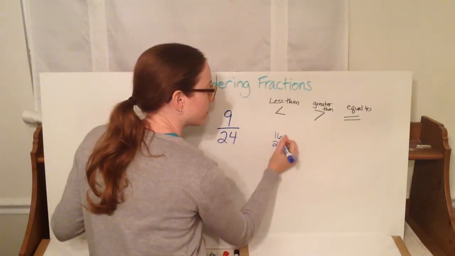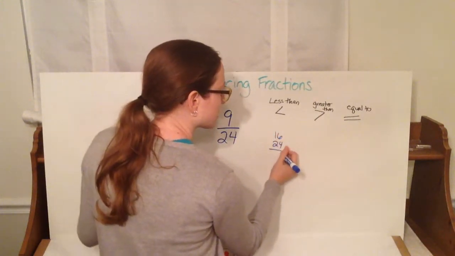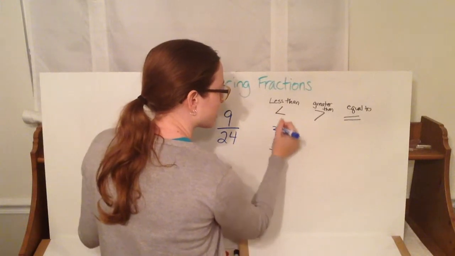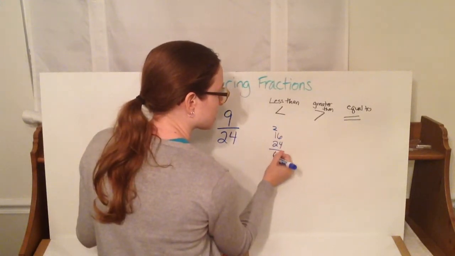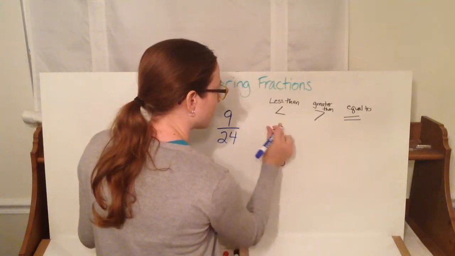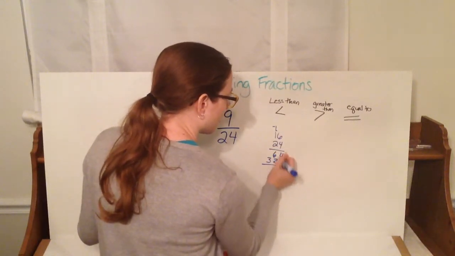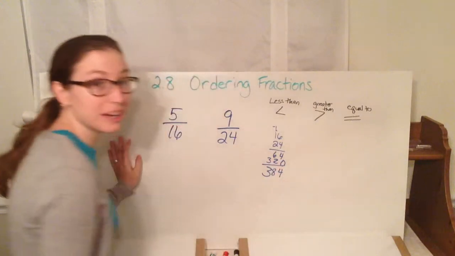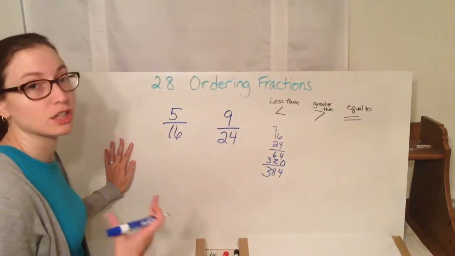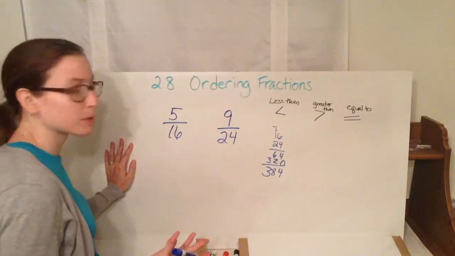16 times 24. 4 times 6 is 24. 4 times 1 is 4 plus 2 is 6. So 384 is our denominator. Yes, that's a huge number, but that's not really the number we care about.